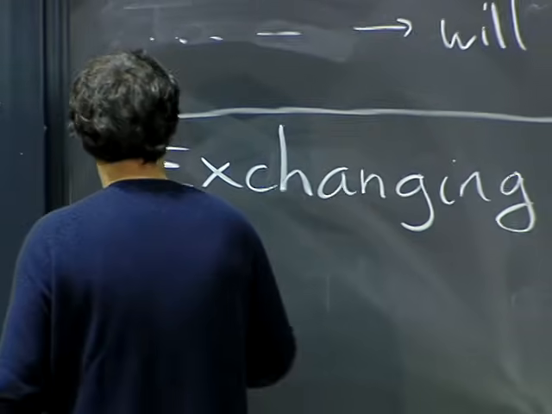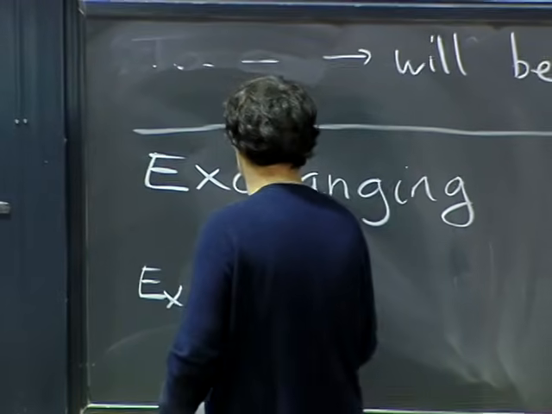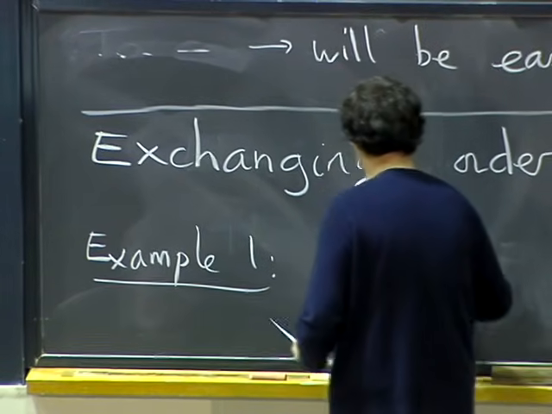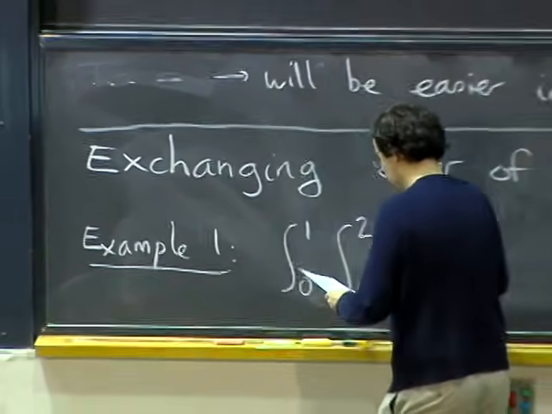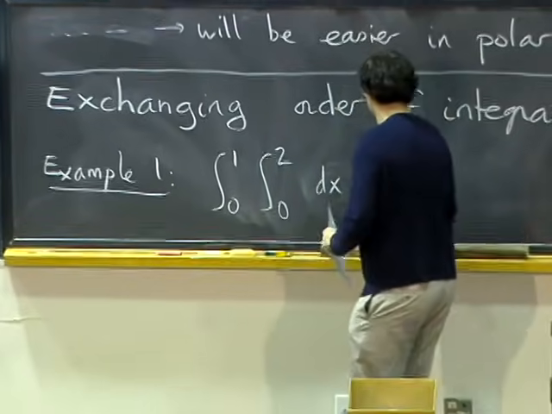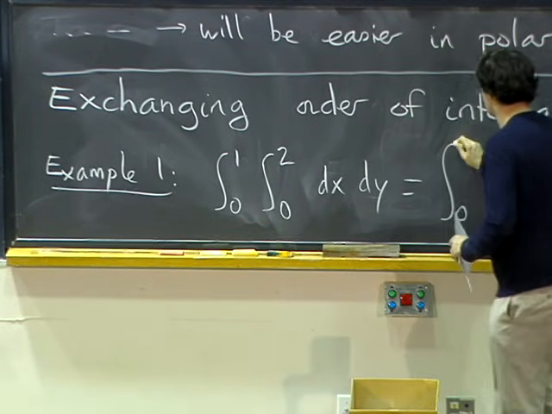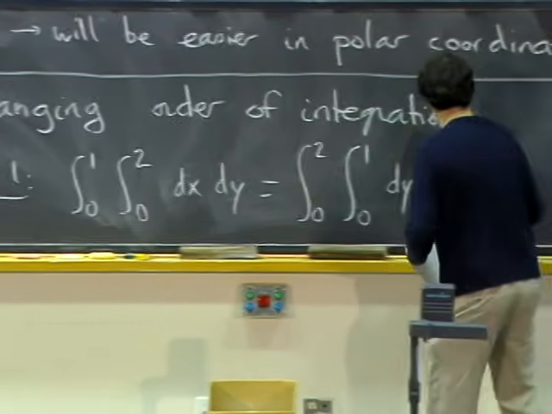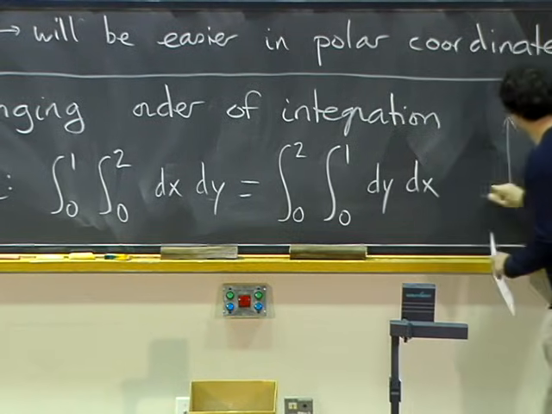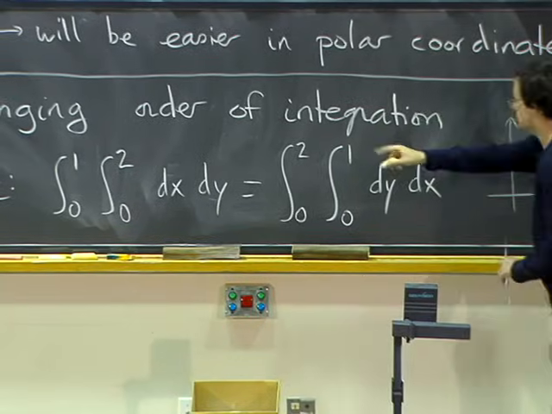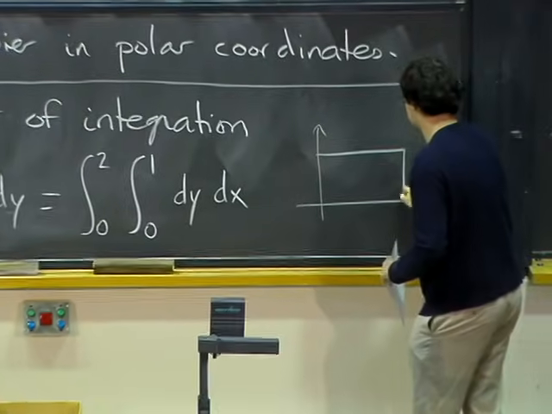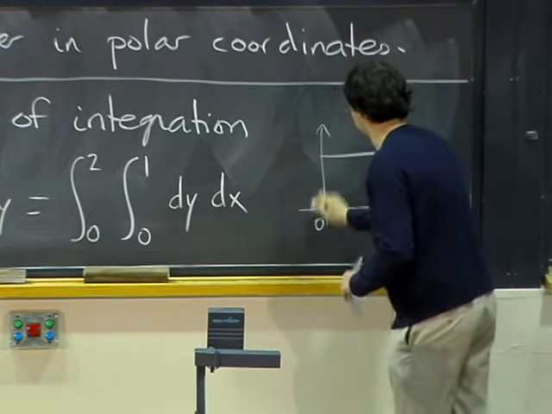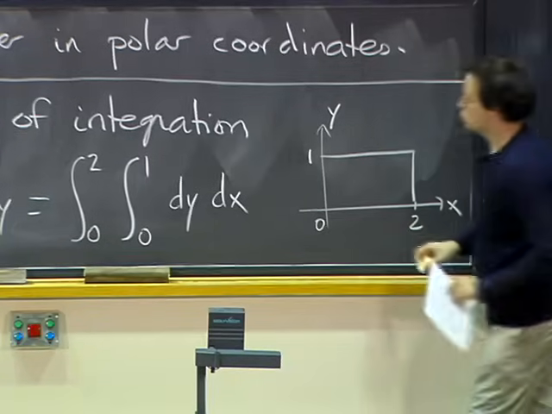Okay, so here's a first baby example. Certainly, if I do the integral from 0 to 1, integral from 0 to 2, dx dy, I can certainly switch the bounds without thinking too much. What's the reason for that? Well, this corresponds in both cases to integrating x from 0 to 2 and y from 0 to 1. It's a rectangle.